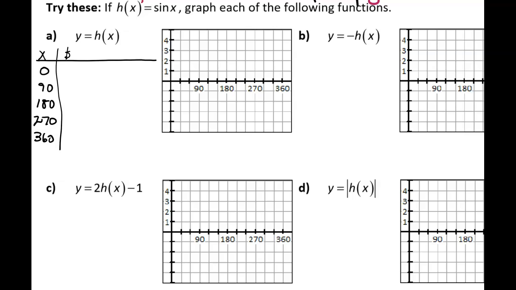And then our y values are h of x equals sine of x. Sine of 0 is 0, sine of 90 is 1, 0, negative 1, 0. So this is our parent function: 0, 0, 90, 1, 180, 0, 270, negative 1, and 360, 0.